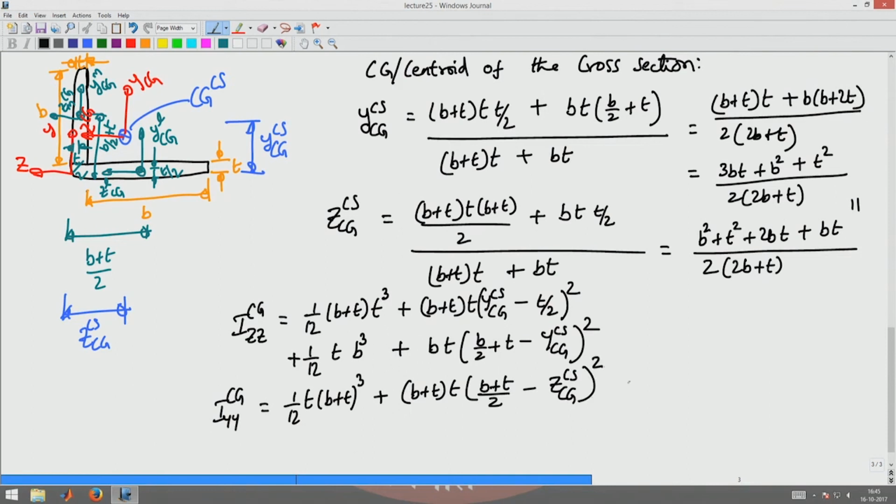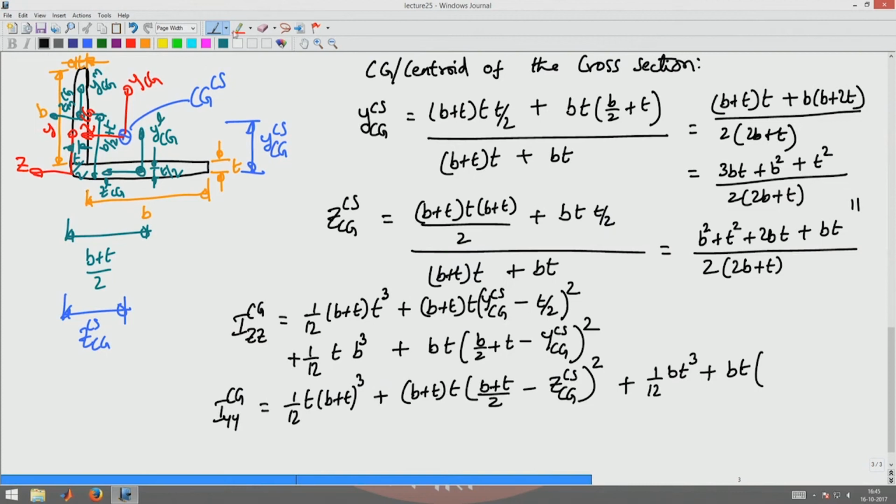okay, plus for the vertical leg, it is going to be 1 by 12, this is BD cube, instead of BD cube I have to do DB cube now because I am looking at moment of inertia about the y axis. So, it is going to be 1 by 12 T B cube plus that area B into T into the shift.